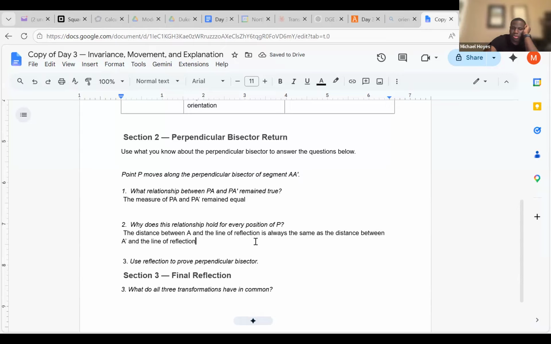Well, I guess it starts off with this premise: the distance between A and the line of reflection is always the same as the distance between A prime and the line of reflection. I want to make sure I capture what you said.